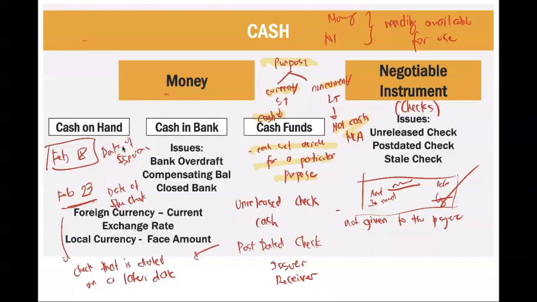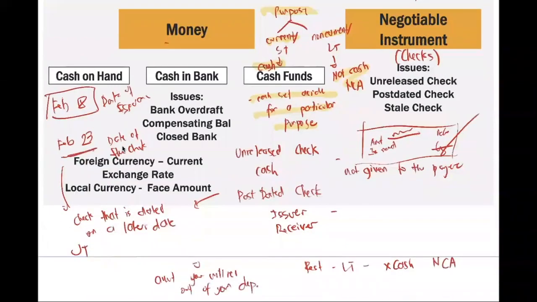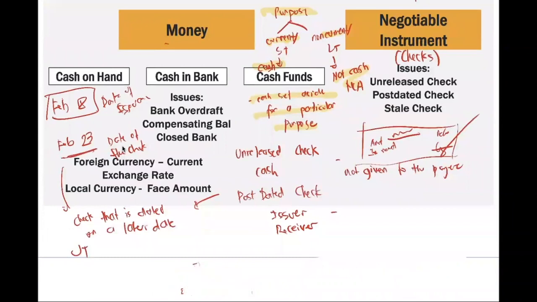For a post-dated check, you need to look at whether you are the issuer or the receiver. For example, I, J. Tamayao, am the issuer. I will issue a check to Juan de la Cruz, which is post-dated.